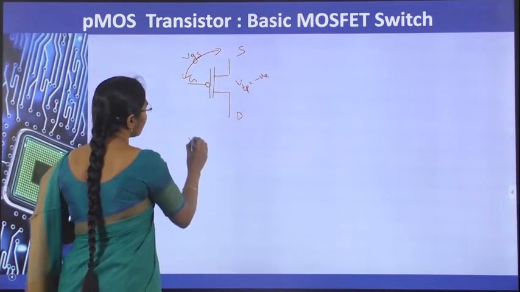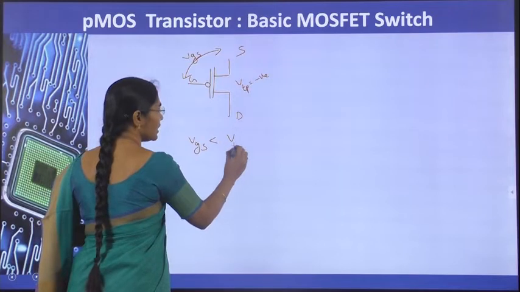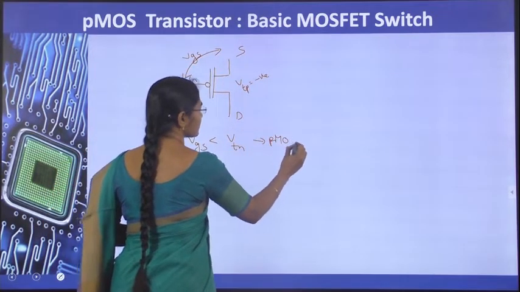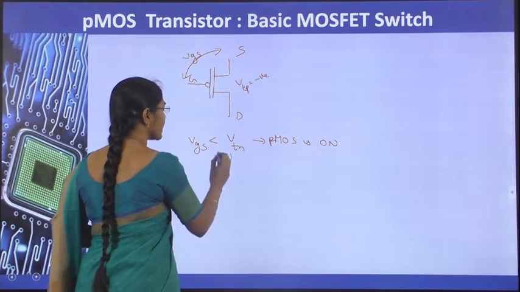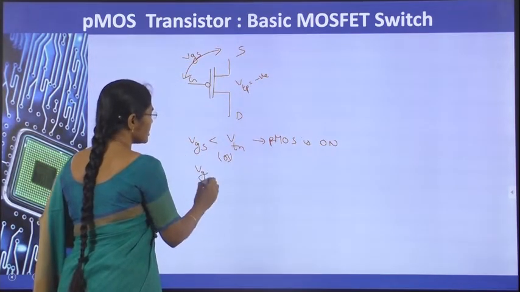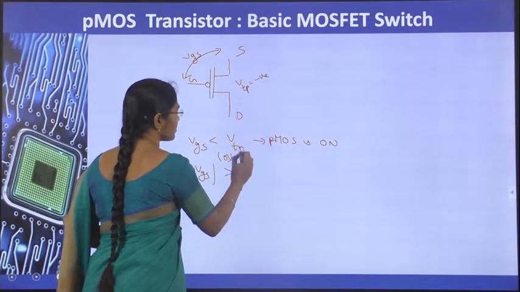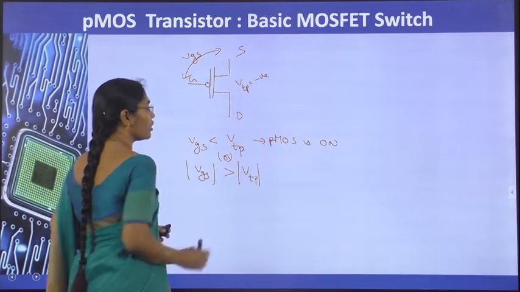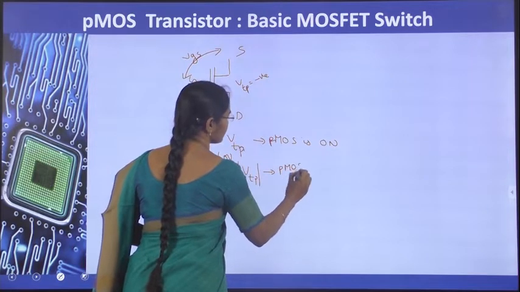So whenever VGS is less than VTP, the PMOS will be on. Or we can say it like this: mod VGS is greater than mod VTP, and the PMOS is on.